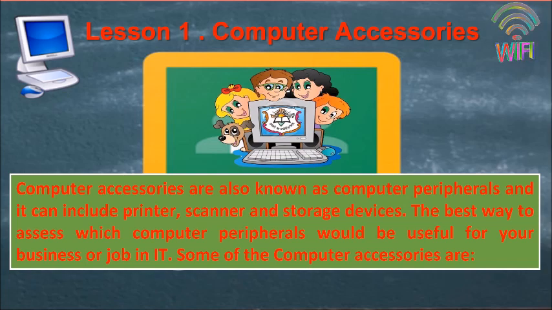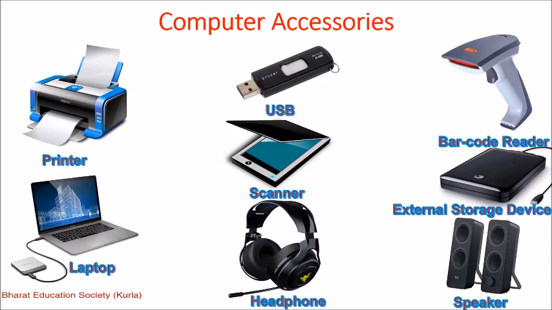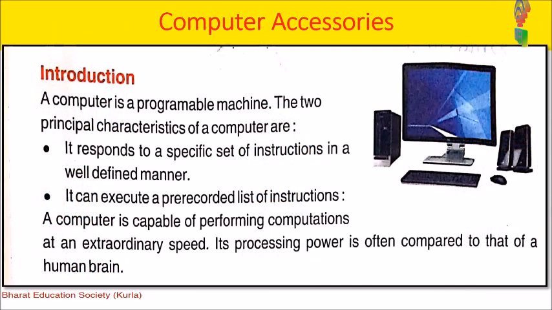Some of the computer accessories are printer, laptop, USB, scanner, headphone, barcode reader, external storage device, speaker. So these are all computer accessories which are essentially required in an IT job. I hope everybody understood the meaning of accessories and the difference between human accessories and computer accessories.